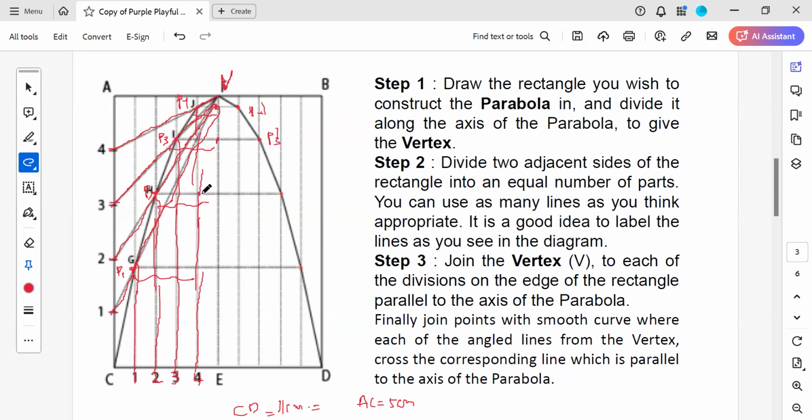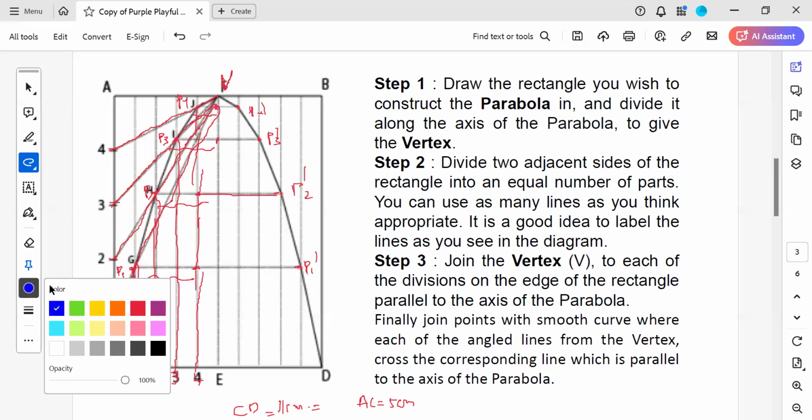Similarly you get P2 dash, and with P1 you get P1 dash. Now you draw a smooth curve joining all those points.